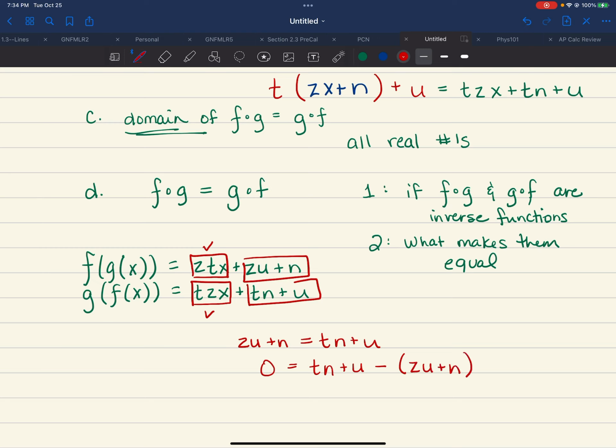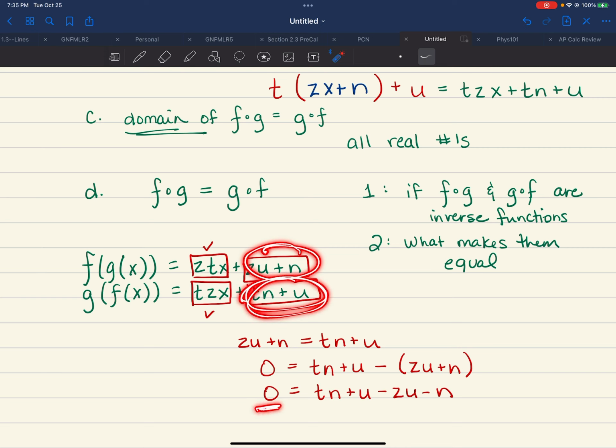And then, of course, when I have a subtraction of a quantity, I'm going to distribute that negative. So tn plus u minus zu minus n. So that means if I can take one of those extra chunks and subtract the other chunk, it's going to equal 0. That would prove that these two things are equal. And that's the only way where you have both of those functions equal to one another.